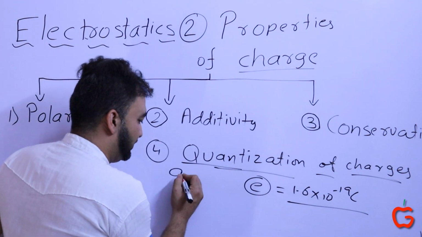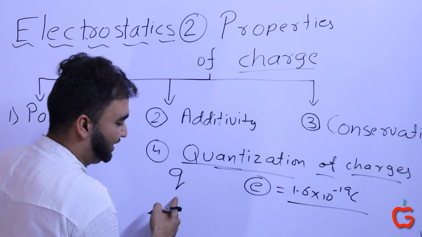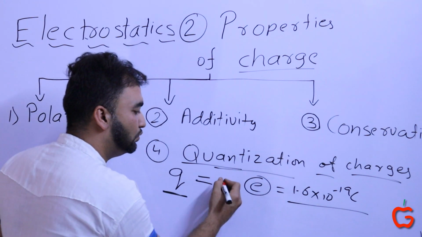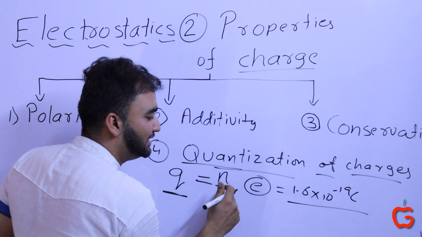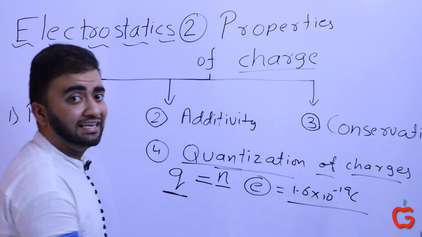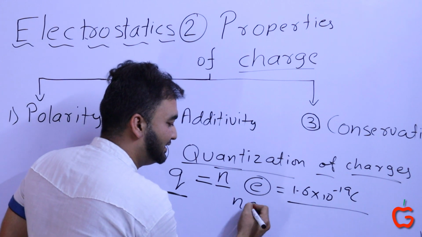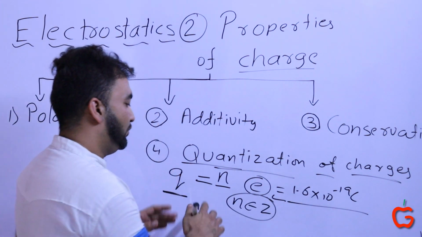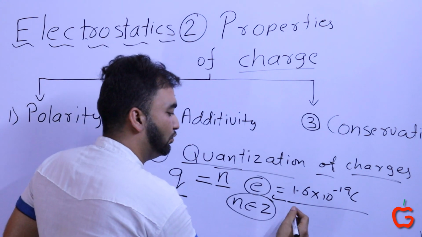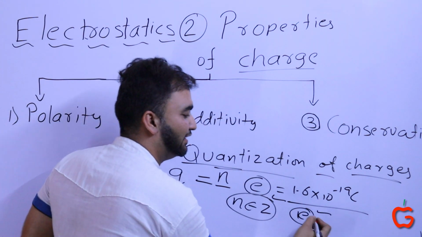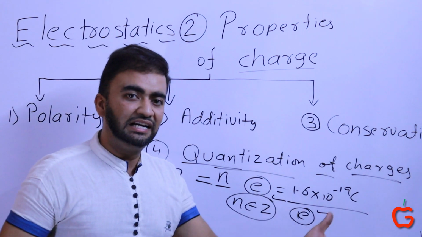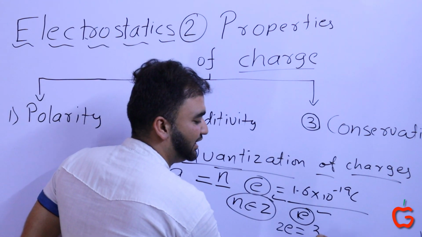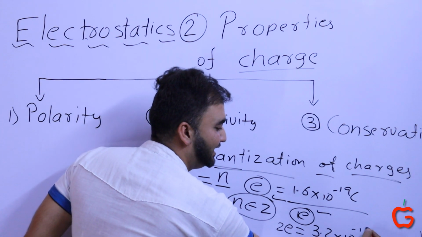If we try to form an equation, we can write Q, any charge, is equal to n times e, integer steps of e. n is an integer, so n can be a positive or a negative number. Suppose n is 1, so Q is 1e, which is 1.6 into 10 raised to minus 19 coulomb. A charge can be 2e, which is 3.2 into 10 raised to minus 19 coulombs.